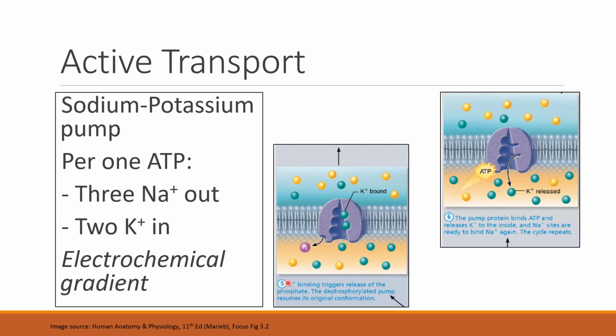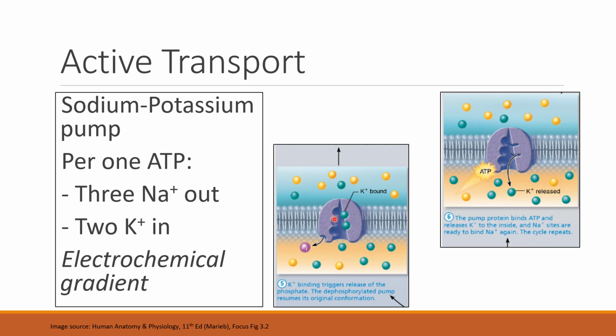Okay, so now in this step over here, potassium binding will release the phosphate. When that happens, the dephosphorylated pump resumes back to this configuration here. Because before, it was open to the outside.